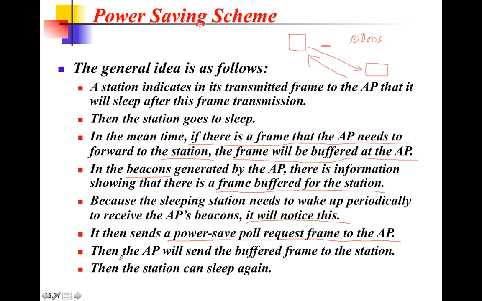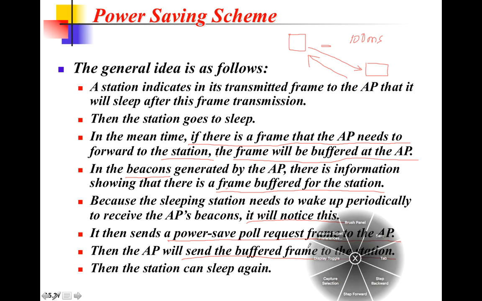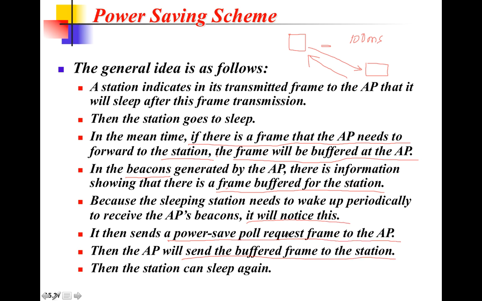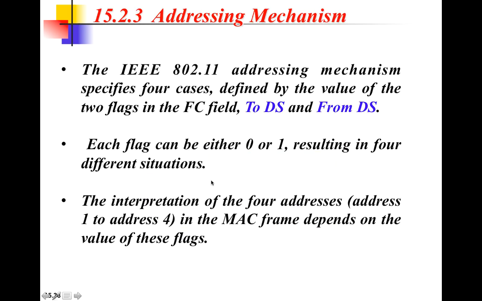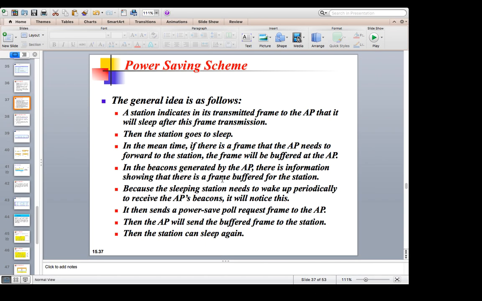So now the access point will send the buffered frame to the station. The station then receives the frame, processes it, and then goes back to sleep again. So this is the power management scheme in the 802.11 wireless LANs.